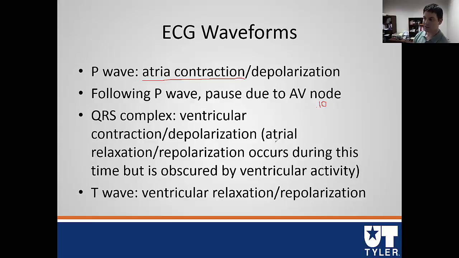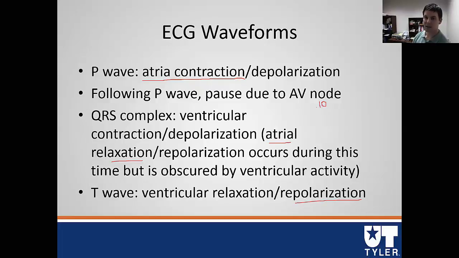So one of the things that you'll see is that atrial relaxation or repolarization, the flow of ions back in to reset that action potential or the resting membrane potential, is going to be lost because of the size of the QRS. Again, we'll see these and walk through each of these. Then we'll see the movement of ions back into the ventricle for repolarization, and that's a T wave.